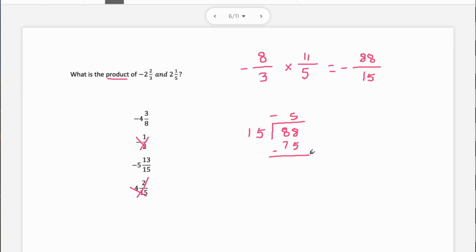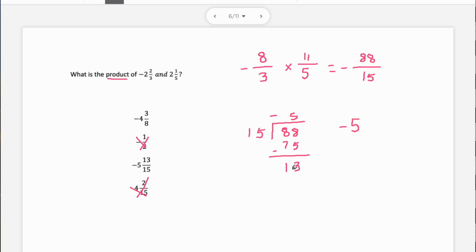Subtract those. 8 minus 7 is 1. So we've got 13 left over. Well, 15 can't go into 13, so we're going to use that as our remainder. So our mixed number is going to be our answer up here at the top is the whole number, so -5.